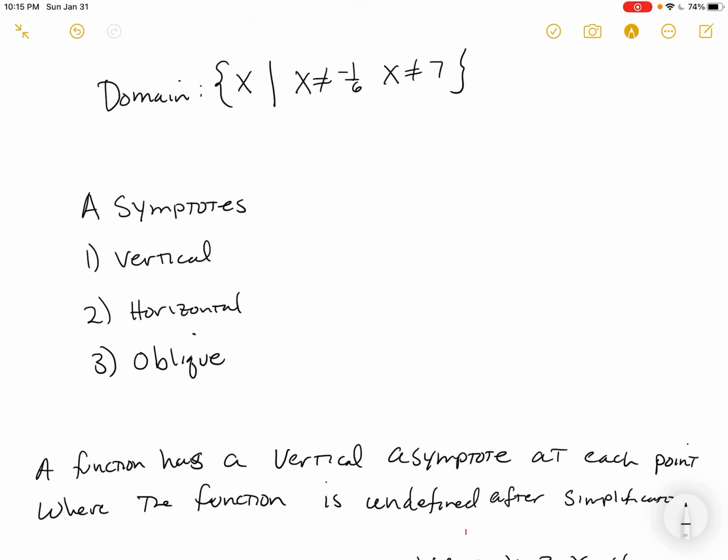Horizontal, where the degree of the numerator is either less than or equal to the degree of the denominator. And oblique, where the degree of the numerator is 1 bigger. And so you'll get really good at this. Don't be panicked if it's not sitting well right away. You have sections worth of work in which you can do this. And it has really good implications for understanding things like limits and other calculus concepts that will come in your next class.